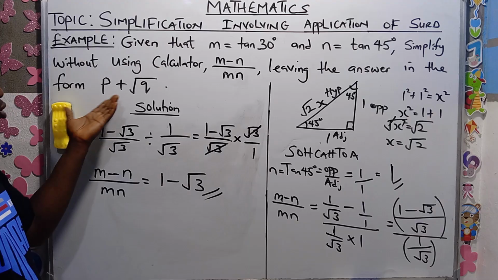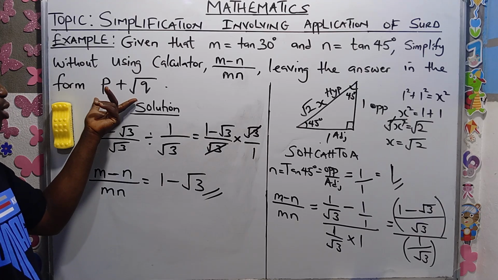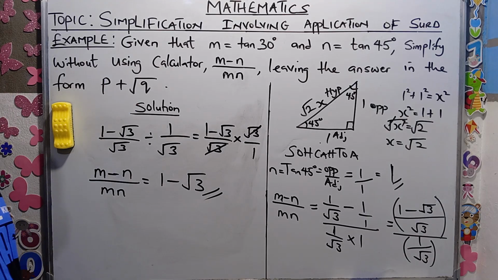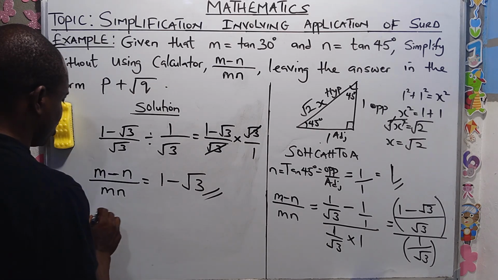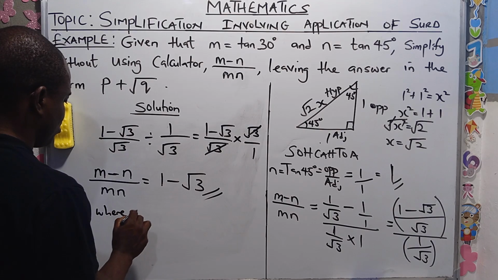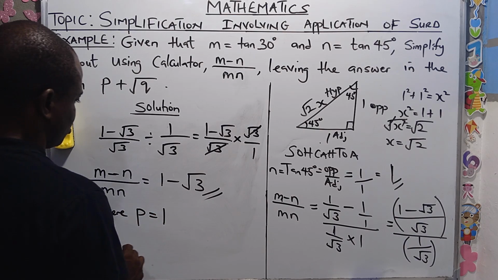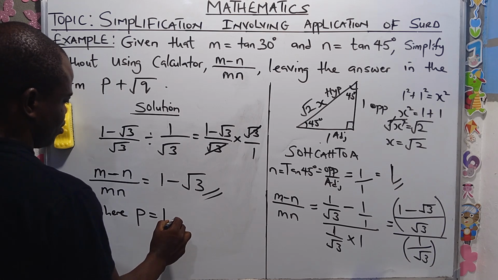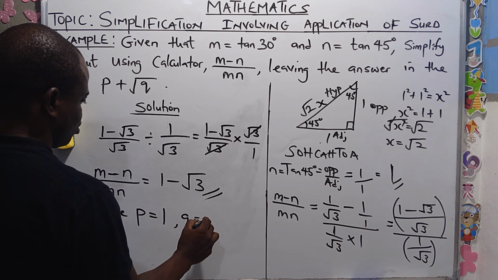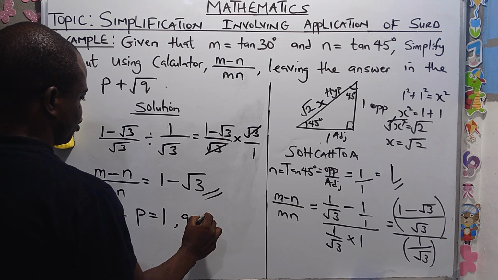What they are referring to must be in this form of p plus root q, where p equals 1 and q equals 3.